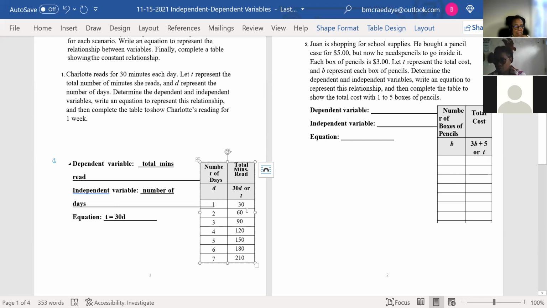So every time you add a day, you're adding 30. So we have our dependent variable, total minutes read, dependent upon the number of days read, and each day she reads 30 minutes. All right. So that's filling out the table.